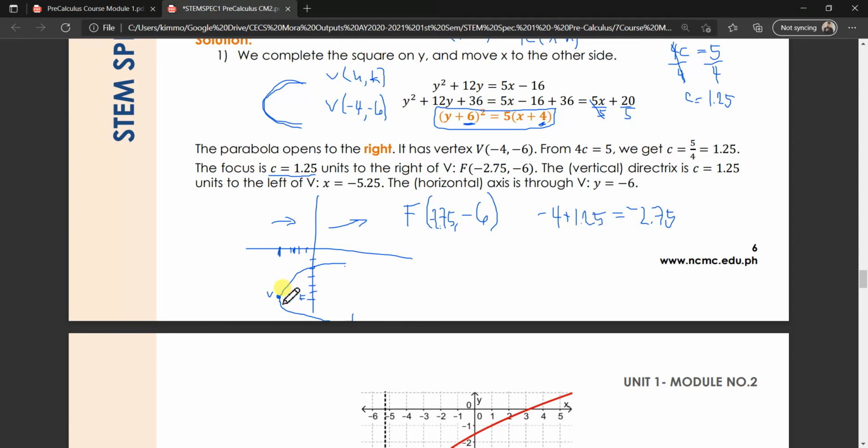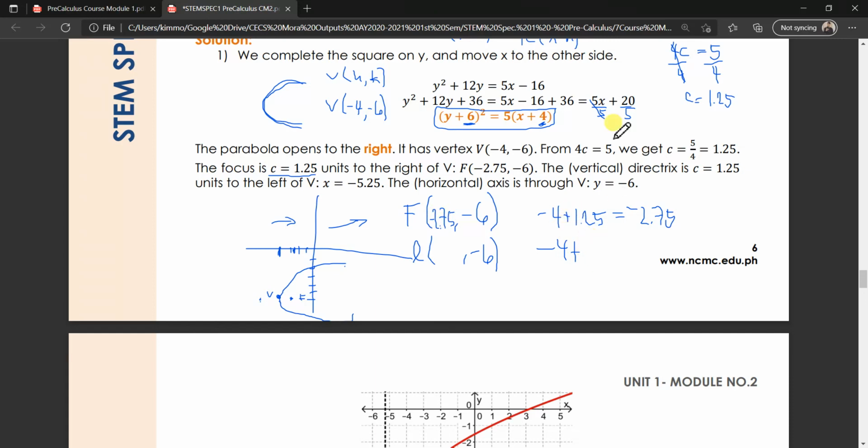So for the directrix, since the directrix is behind the vertex, we are going to subtract. From negative 4, since our directrix should be in line with our vertex and our focus, the directrix line L has a y coordinate of negative 6, and only the x differs.